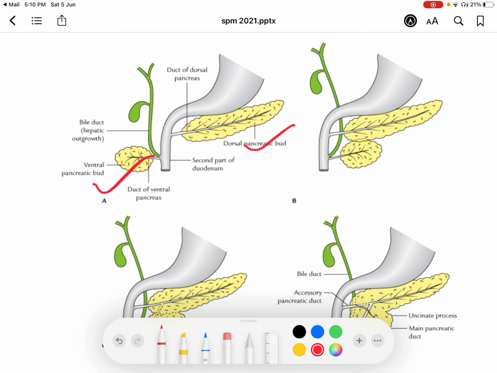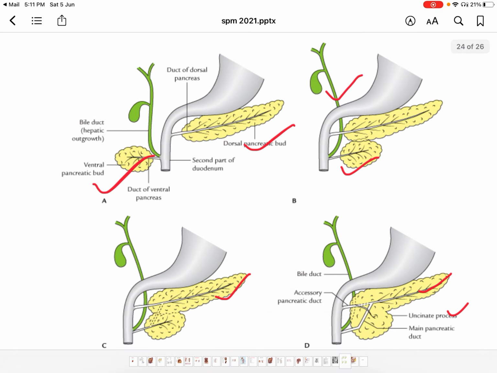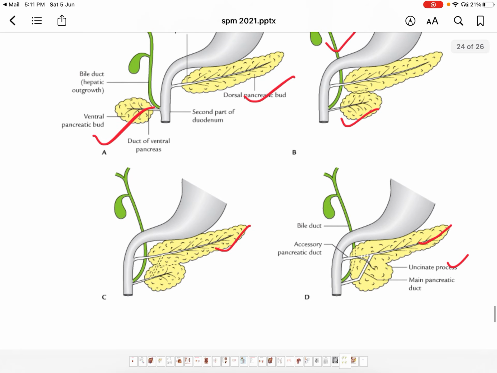There is a rotation of the ventral and dorsal buds and a fusion between them, forming the main body and the uncinate process. The ventral bud forms the uncinate process. Along with this, there is a rotation of the bile duct also. So when rotation of the stomach occurs, the ventral bud comes towards the left side and fuses with the dorsal pancreatic bud.